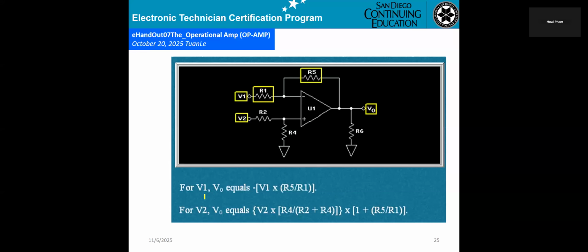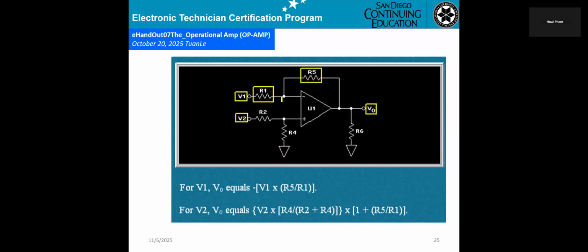So for V1, V out equal minus V1 times the gain R5 over R1. Okay? And now if you want to work on V2, then you have to ground V1.